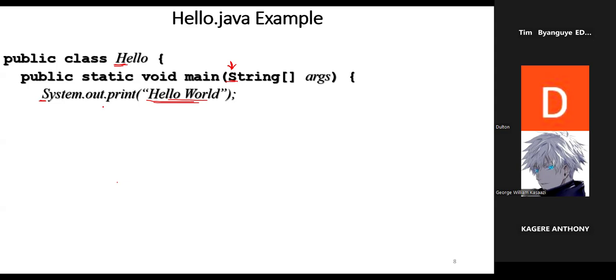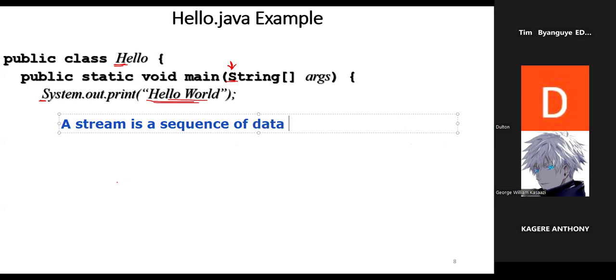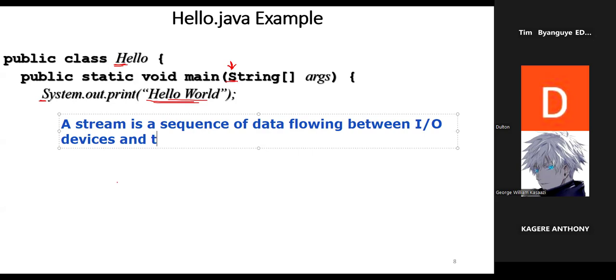A stream, by definition, is a sequence of characters. Okay, a stream is a sequence of characters showing the flow of data. I'll write this because it's a slightly long definition, but we define a stream here because you find it a lot. A stream is a sequence of data, we can even say flowing between input or output devices and a program.